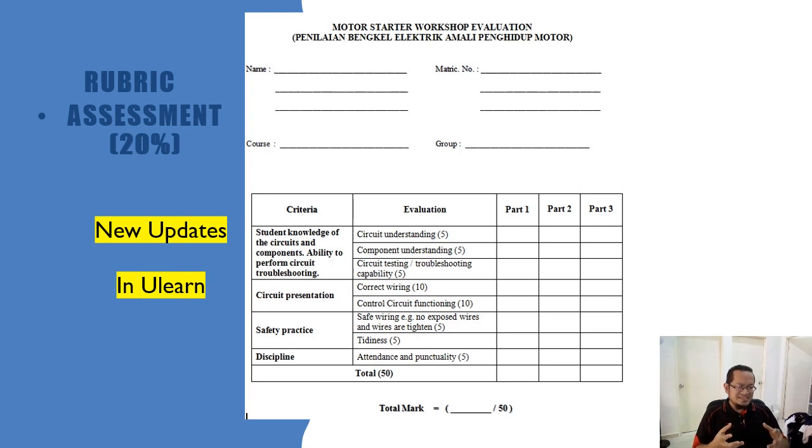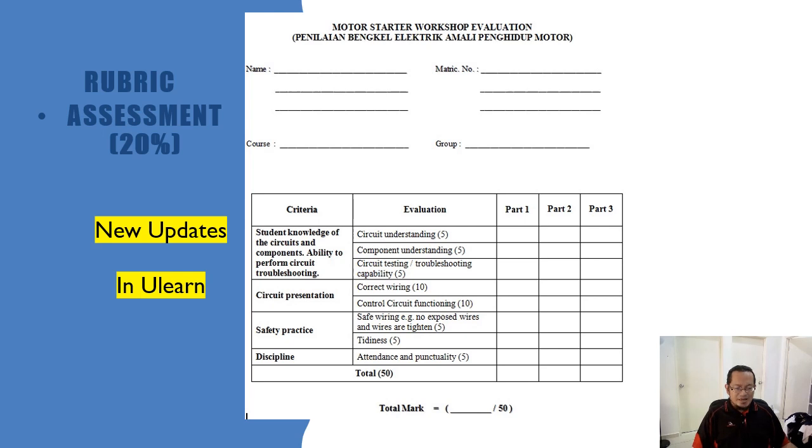But for example, in a circuit diagram, there should be no very blurry and very difficult to read diagrams. So you have to draw the diagrams as neatly and as clearly as possible, in order to provide easy understanding for others to read your circuit diagram. And of course, functionality also has to work.